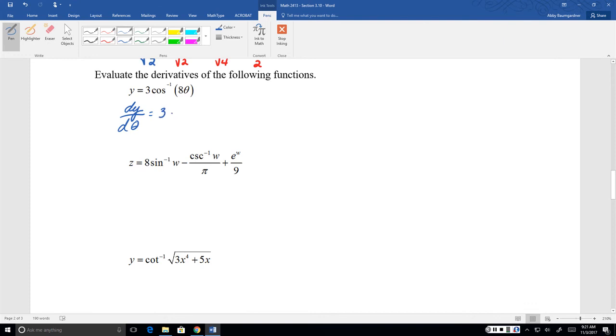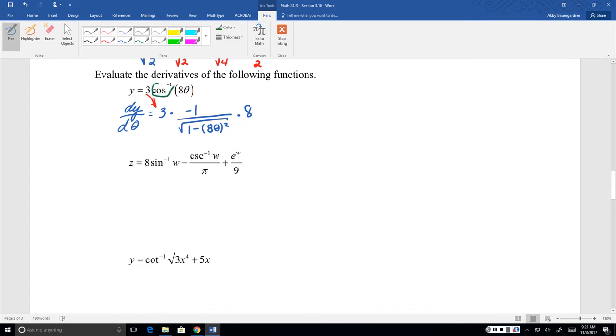Cosine inverse is a -1 over the square root of 1 minus our argument squared. But because our argument is not just a plain old x or a plain old theta, it's an 8 theta, we need to come back and take the derivative of the inside. So here's what's happening. The 3 tags along because it's a constant that's being multiplied.